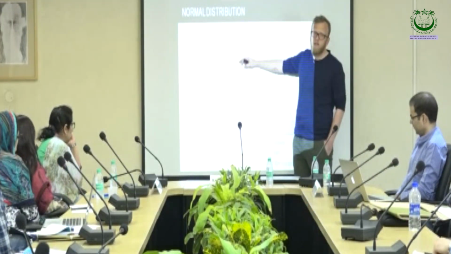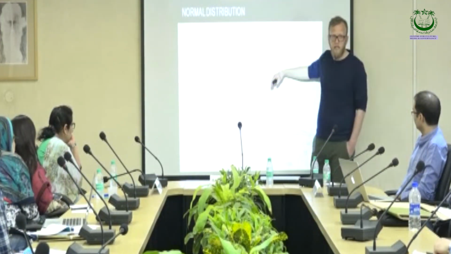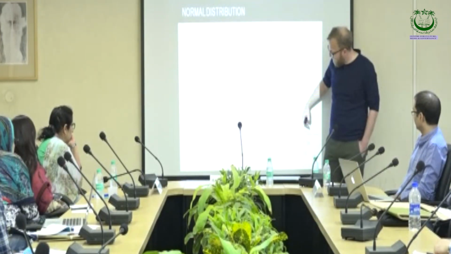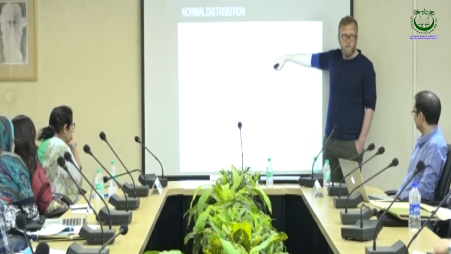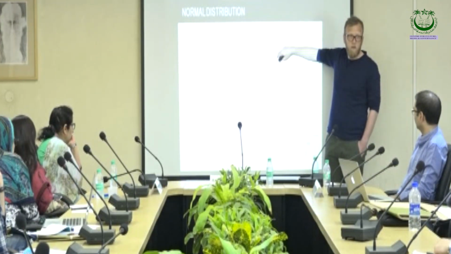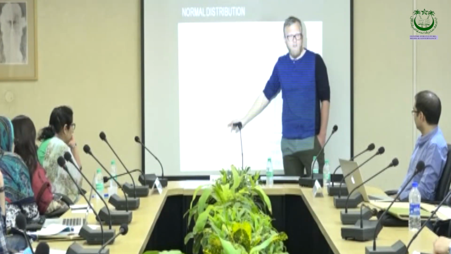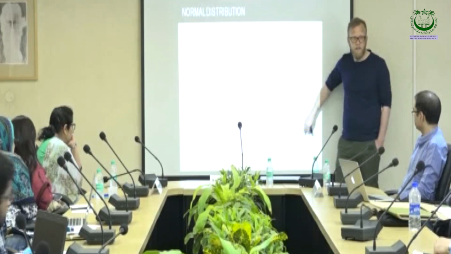The more often you draw a sample, the closer the mean value you get from the sample is to the true population mean. This is the true population mean. This is what we aim to achieve. If we just draw a small sample once, we could end up here or we could end up here.